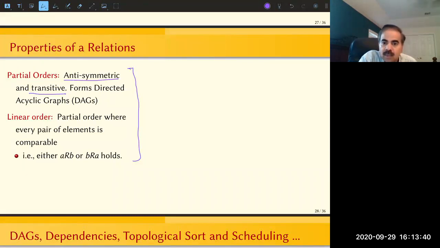Once again, can you tell me something that's a partial order that you're aware of, some relation that we come across every day? I'm sure the answer is boring, but it's still okay to say it. What is an example of a relation that we use frequently that is both antisymmetric and transitive?